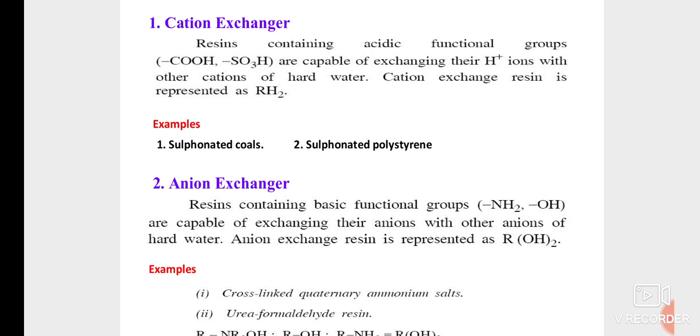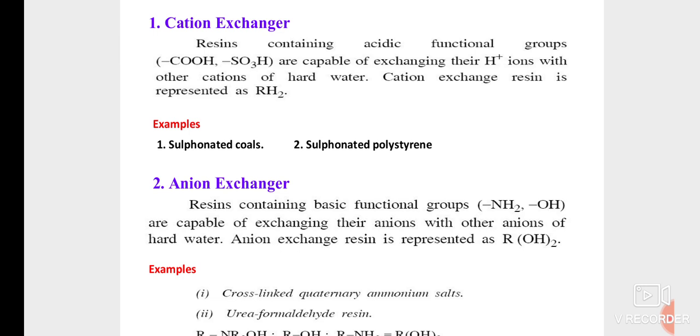The cation exchange resin is represented as RH2. The cation exchanger exchanges the H+ ion and allows only the H+ ion into the water, while the remaining ions are absorbed. R means resin, H2 means acidic functional group. The main examples of cation exchangers are sulfonated coals and sulfonated polystyrene, the commonly used cation exchange resins.